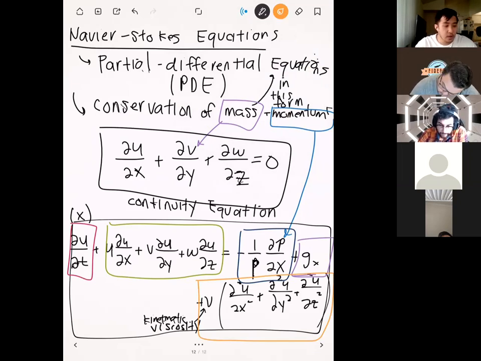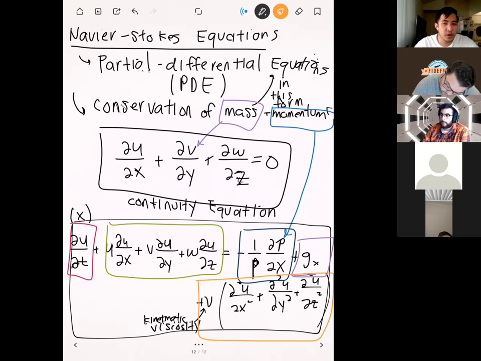Luckily, when we're doing problems involving Navier-Stokes, we're not going to solve this entire thing. Most of the time we're going to apply assumptions and cancel out a lot of these terms. But the important thing is that I want you to see the whole equation and understand what each of the different terms represents, because each term has a physical meaning and represents a fundamental mechanism that can affect fluid flow.